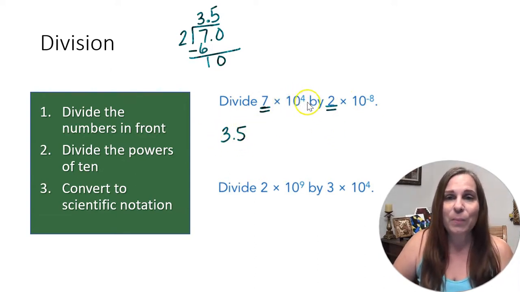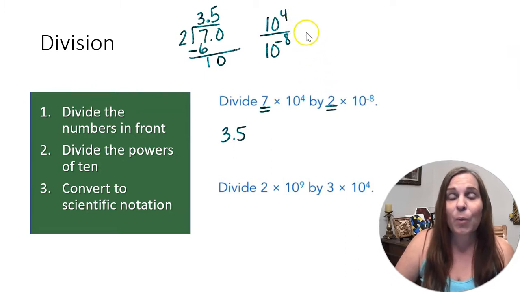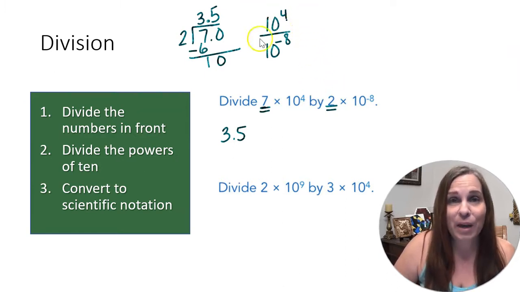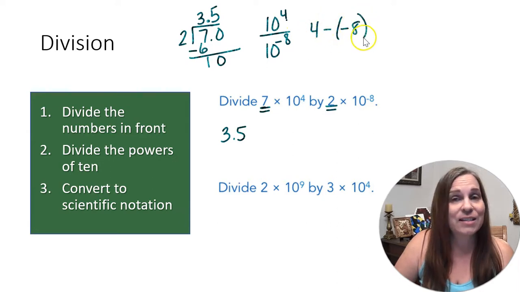Now we divide our powers of 10. And I'm going to write them in a fraction because it's a little easier to see that way. So I've got 10 to the 4th over 10 to the negative 8. When we divide powers with the same base, we subtract the exponents. So that means I need to do 4 minus negative 8.